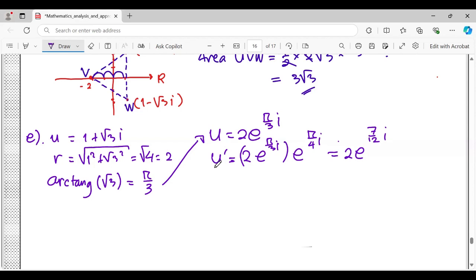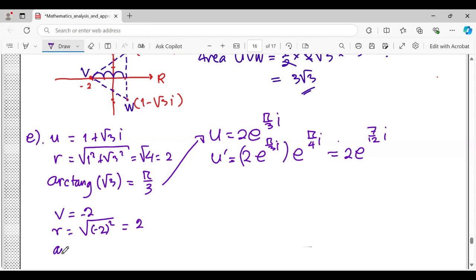That is the image of u, or u'. Now v equals minus 2, I mean. So r, it means square root of minus 2 squared is 2.